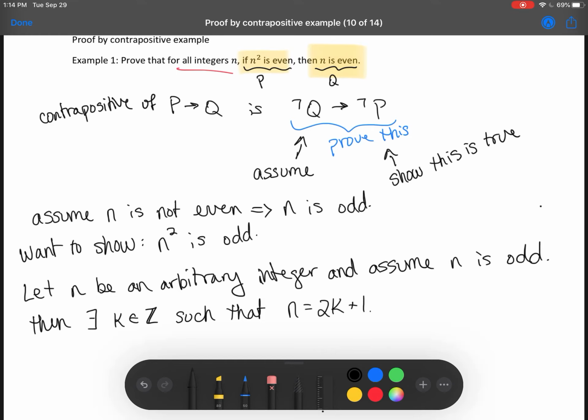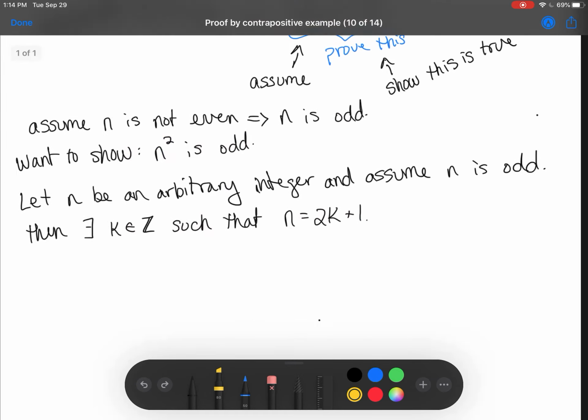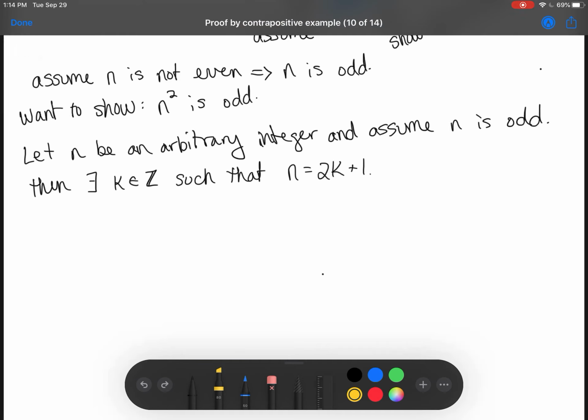Now, remember that what we want to show is that n squared is odd. So it might make sense to take this n and just square it to see what happens. Let's just do that. n squared would be 2k plus 1, whole thing squared.